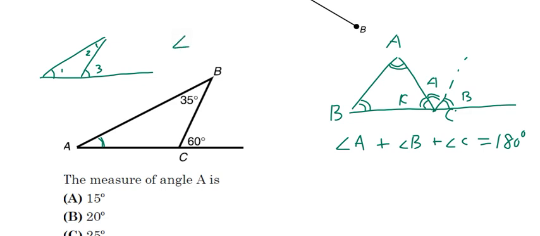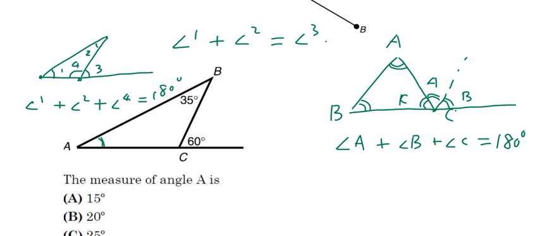Because we put this as angle 4, so angle 1 plus angle 2 plus angle 4 is the three angles in triangle ABC, which equals 180.